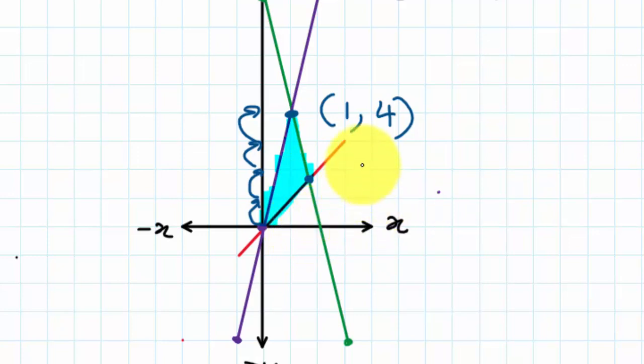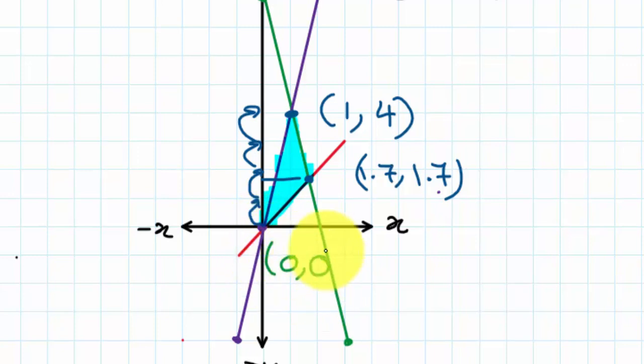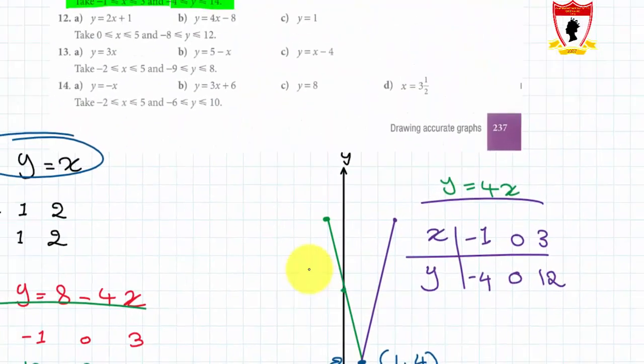Let's say it's 1.7 for x, and the y is also 1.7. What's the reason for saying 1.7, 1.7? Because this point is on this red line, and on this red line all the x's are equal to the y's, because this red line is the graph of y equals x. And finally, the third coordinate is the easiest. It's on the origin, which is 0, 0. Now we got the coordinates of all the vertices of the polygon, then done.